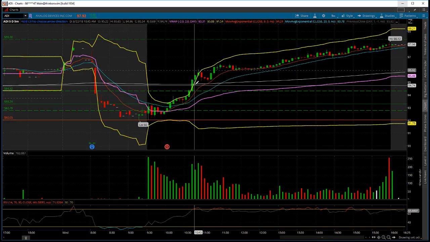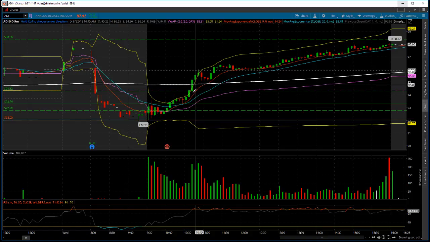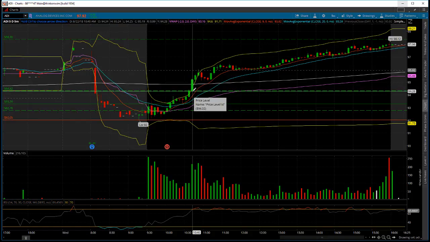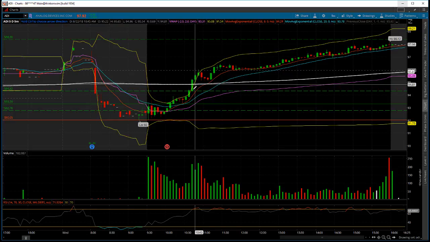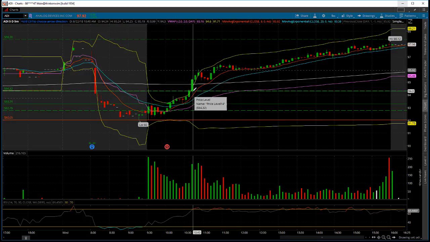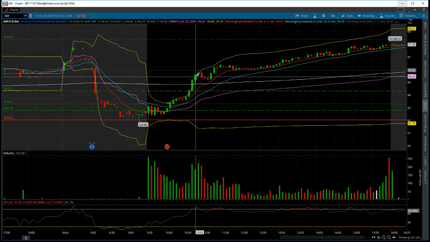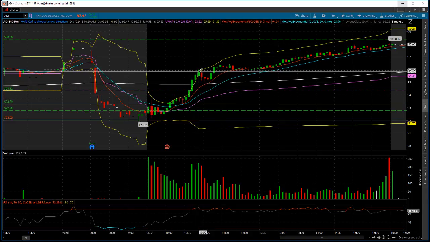When I take profit here, my stop goes back to here, my first target. So I'm not going to let this go all the way back to break even. It's going to take me out here. And so now I have allowed myself the ability to get the whole meat of this move.